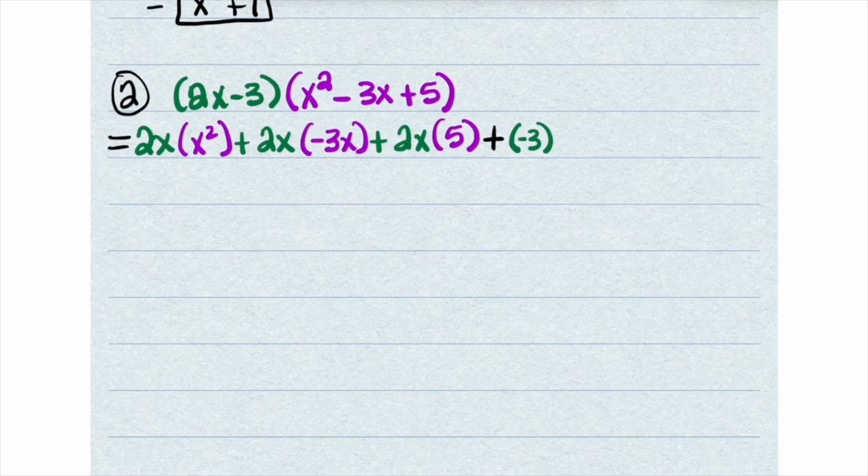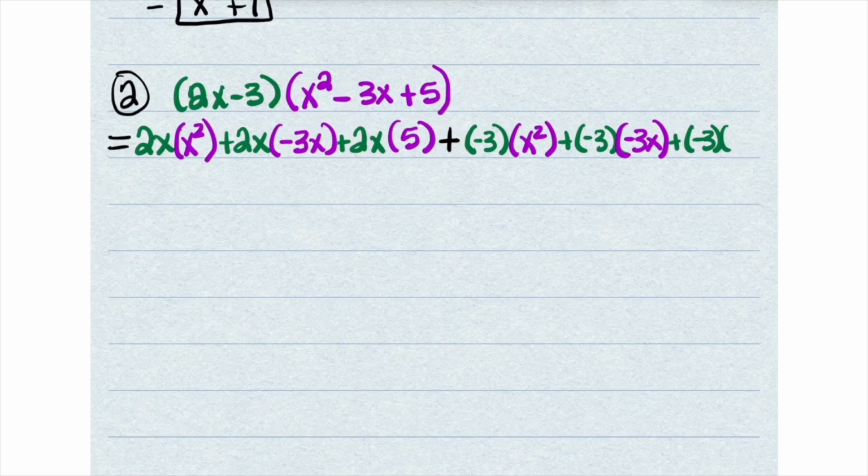Negative 3 times x squared plus a negative 3 times a minus 3x. Y'all see that? Carrying the sign, and then plus a negative 3 times 5. I ain't got no room. Okay, made some room, times 5. All right, cool beans. All right, big.